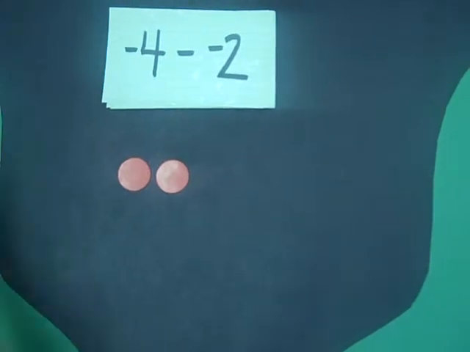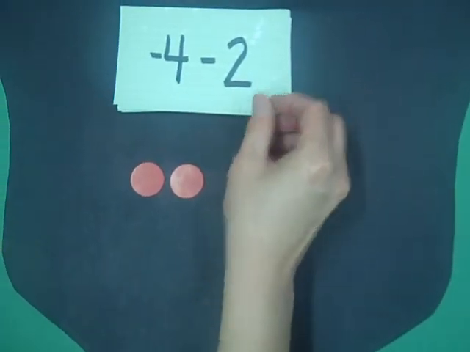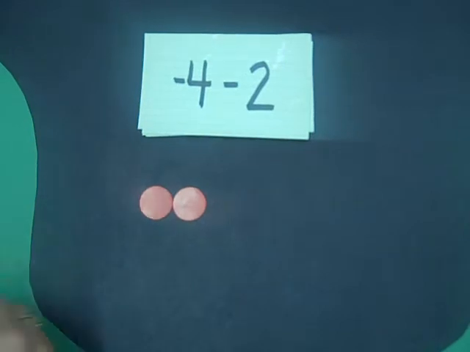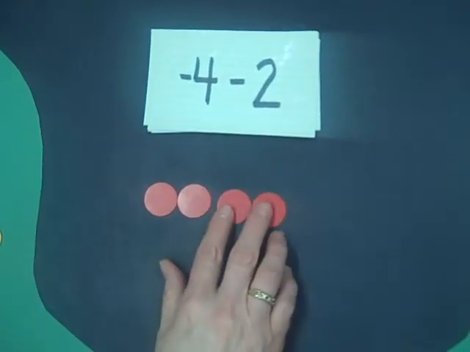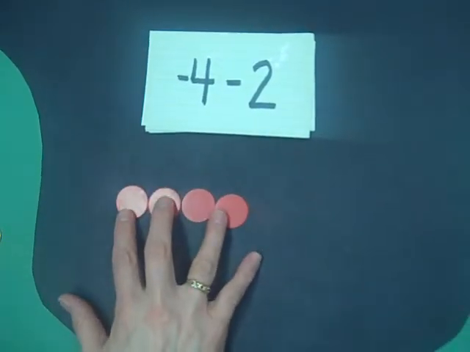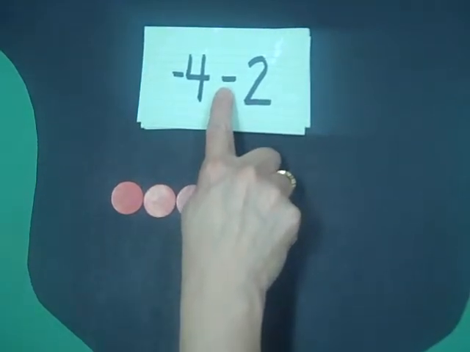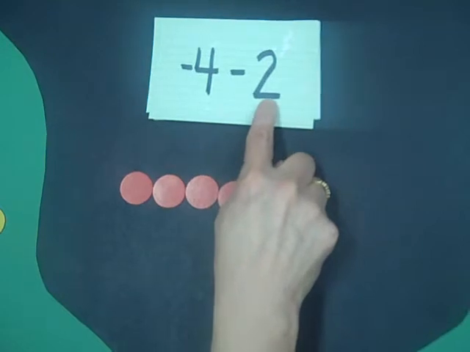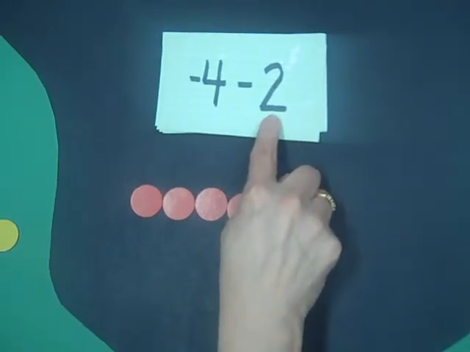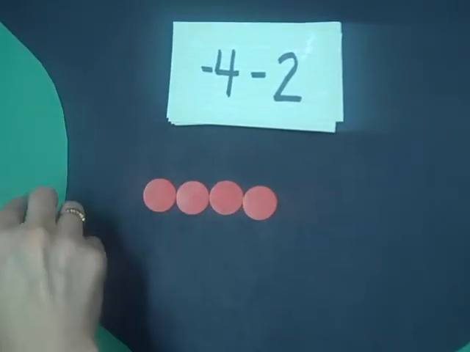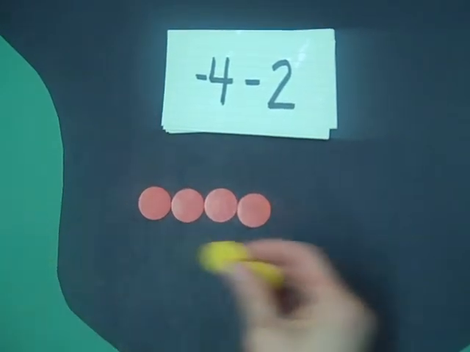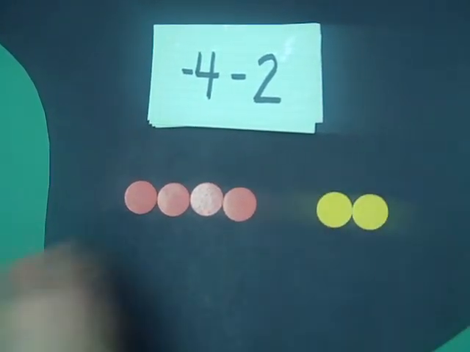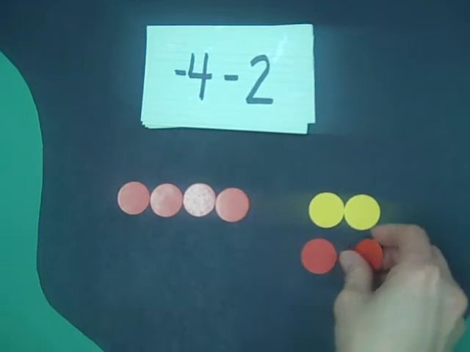Now it gets trickier when you have something like this. So first I make my model. Here's my minus 4. This subtraction sign means I'm going to take it off. Now because I don't have another sign in front of it, this is a positive 2. So I need to have something that I can take off here.